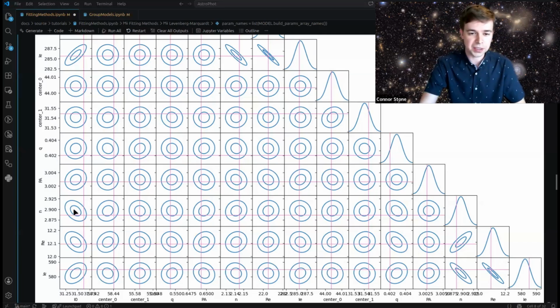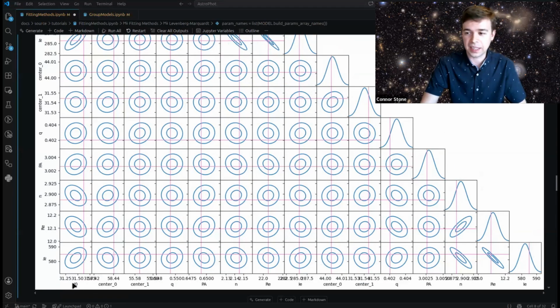And you can see, especially in relationship with the brightness of one of the Sersic models, that oh no, that's the sky level. Okay, so it's 15 parameters. That sky level is correlated with a bunch of the parameters in the Sersics, which is not too surprising. The Sersics themselves have some really weak correlation between each other. That correlation would get stronger the closer we put the two Sersics on top of each other.